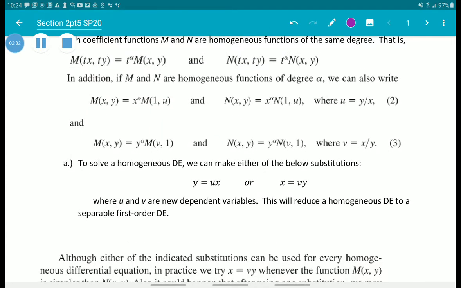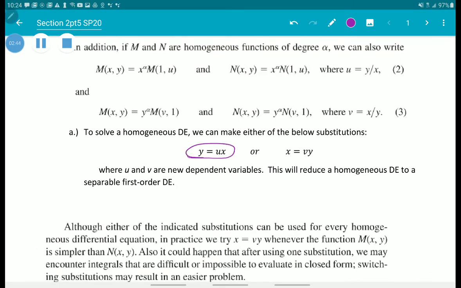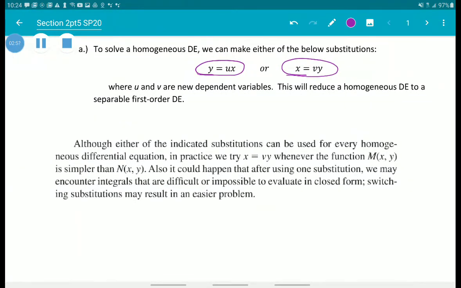And so if we do have a first order differential equation that's homogeneous, then we can use a substitution to help us solve this differential equation. So we can make the substitution y equals ux or x equals vy. Now, sometimes one substitution is better than the other substitution. You really don't know until you do trial and error.